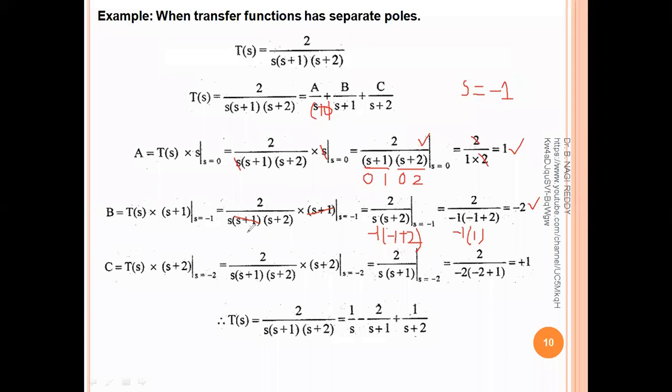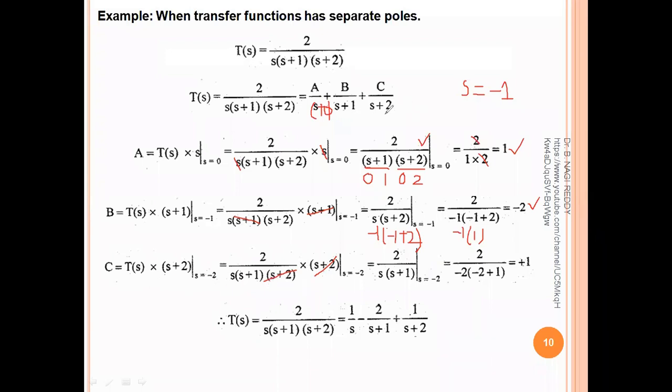Similarly, to determine the C value, we multiply the S plus 2 term with the given transfer function. The S plus 2 term in the numerator and denominator gets cancelled.